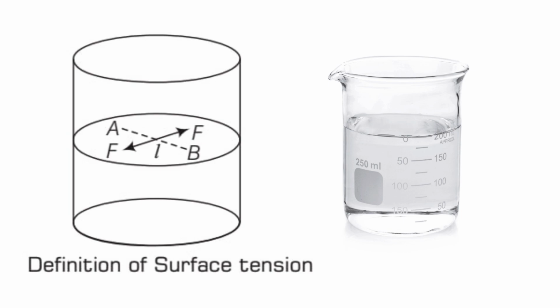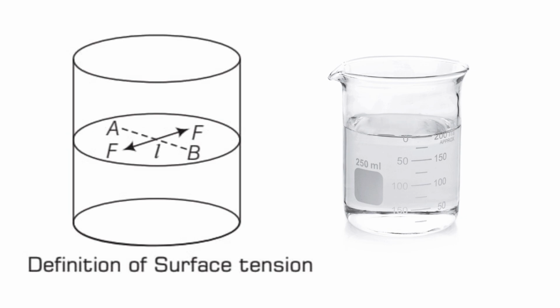Now there will be forces acting on the horizontal area. Suppose you take this AB as a hypothetical line, there will be two opposing forces. They are stretching the entire surface.